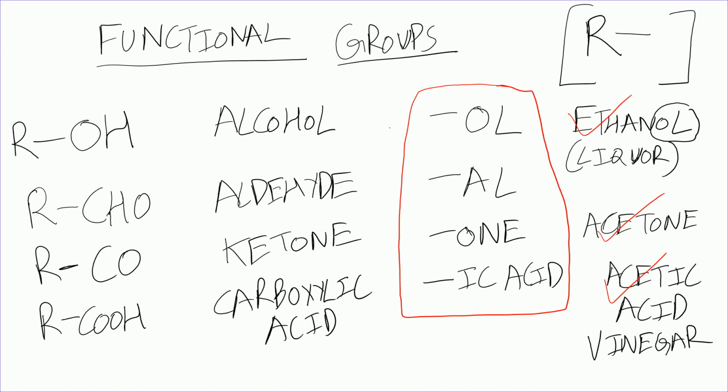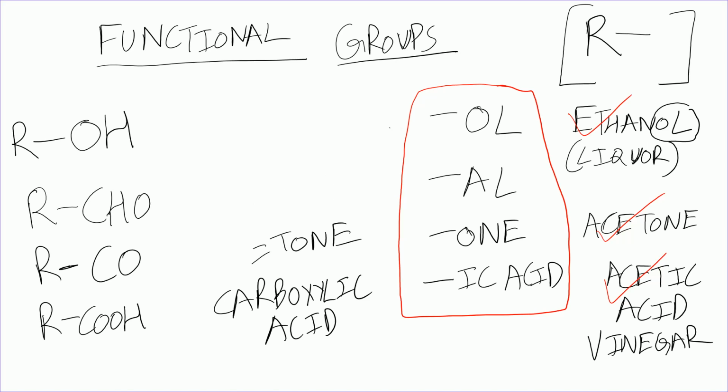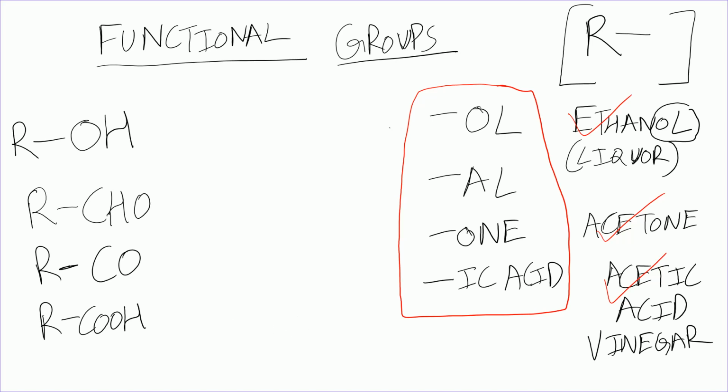While we're talking about names, you should understand that this is the suffix. It can also be a prefix. What that means is that you can get to know whether these functional groups exist in a name or not by looking at their prefixes.